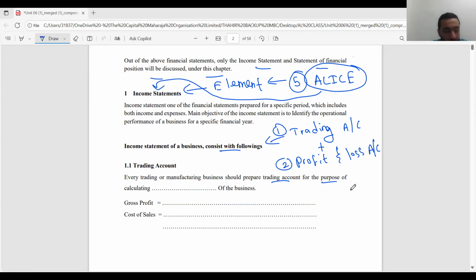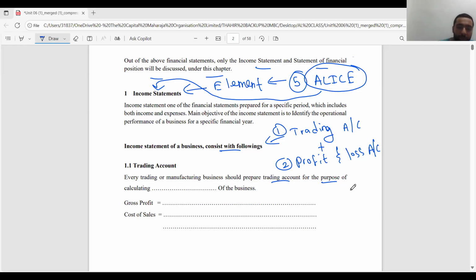What about Lakshini and Arva? So why do we calculate the trading account?